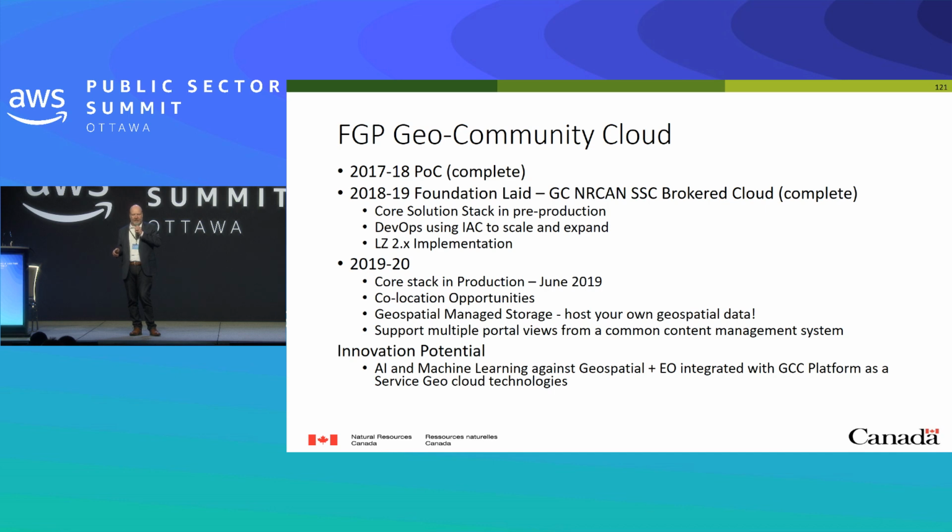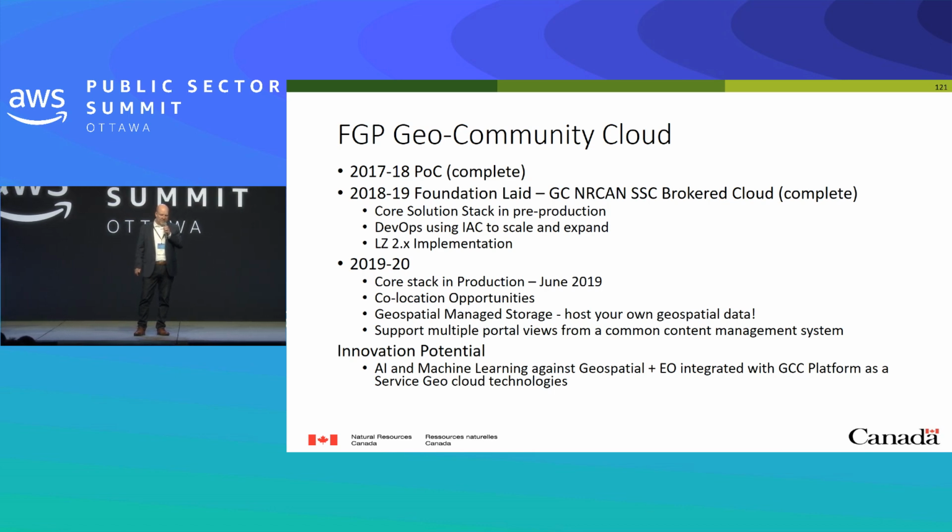I think there's also great opportunity here for innovation, and I've talked to many over the last few years about innovation potential and building an innovation hub where people can get together with a suite of tools. The AWS cloud is one such place.